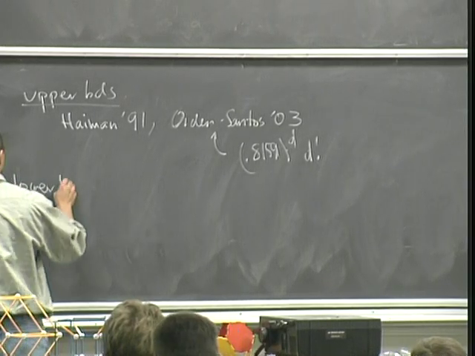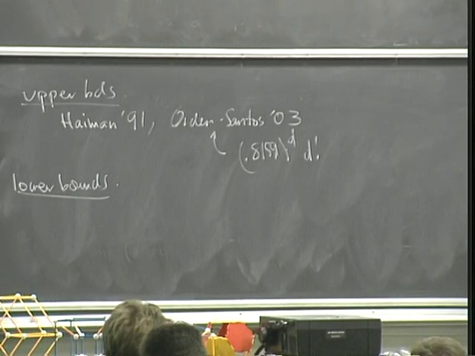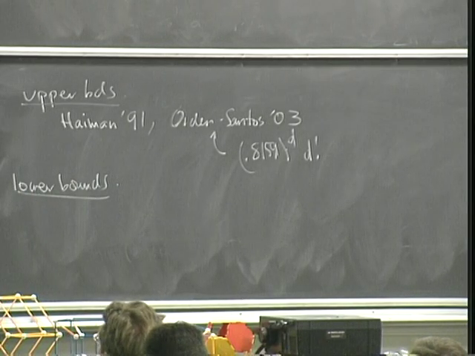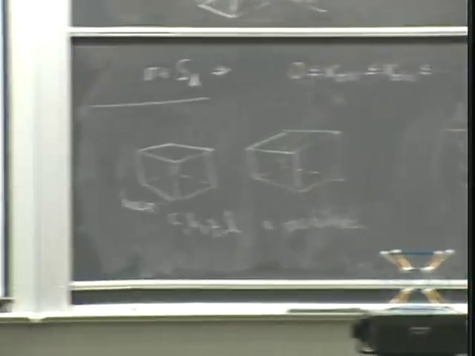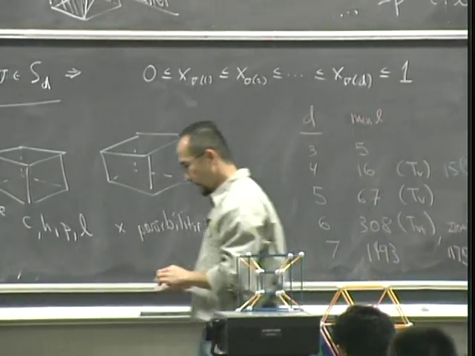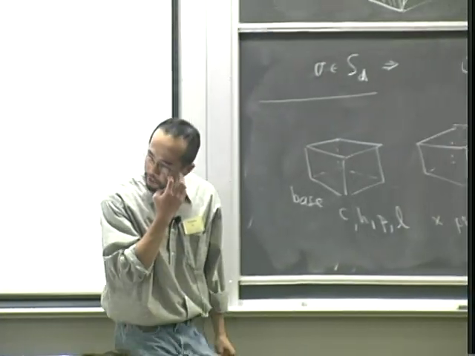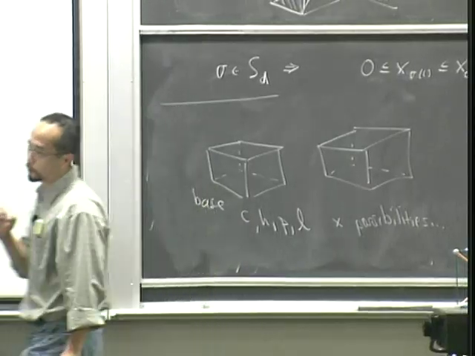So let me give you some idea of how you might go about thinking about lower bounds. Okay, so the first method that I want to talk about actually also relates to something Jesus mentioned earlier. And this is what I will call a pebble set. So a pebble set for a polytope is a set of points, which I'll think of as pebbles, such that every simplex contains at most one pebble.